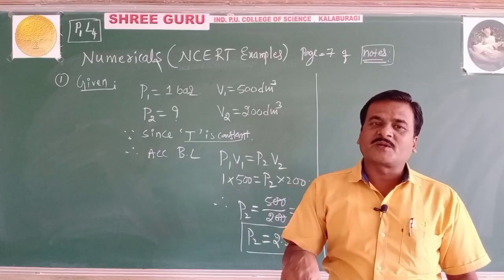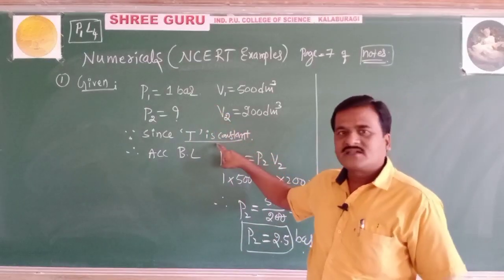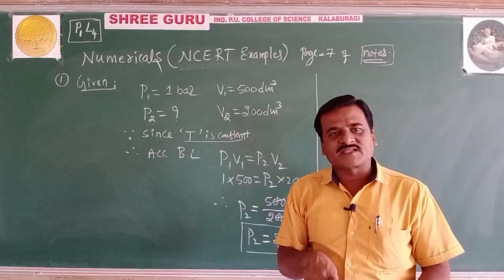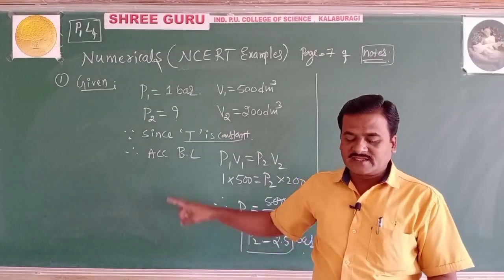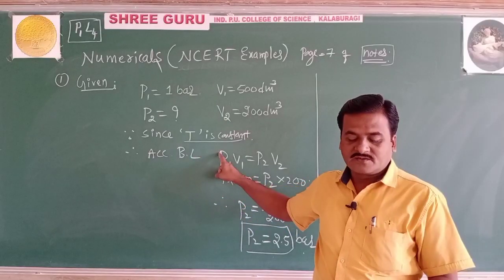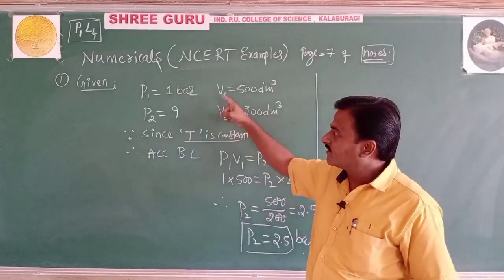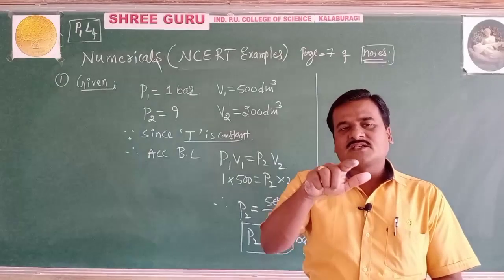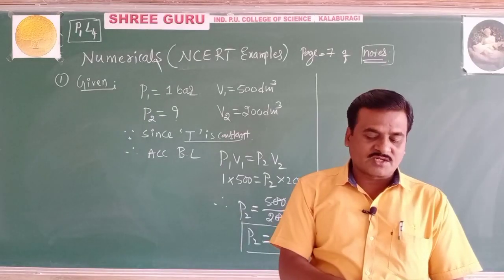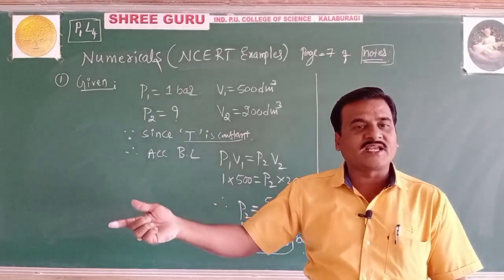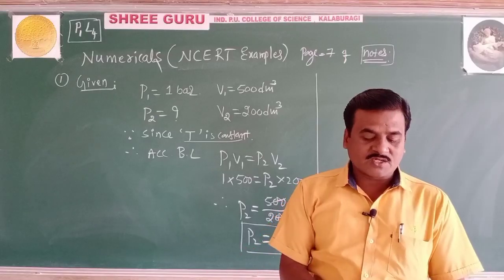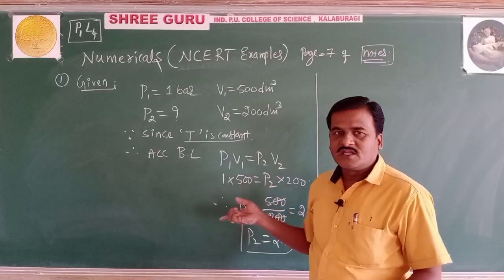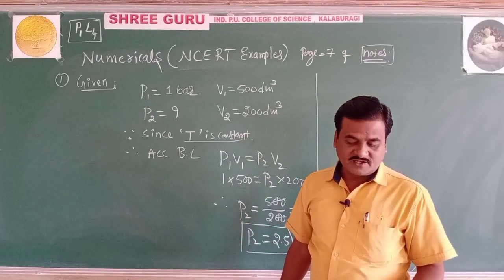Again, this problem is based on Boyle's law, because the temperature is kept constant at 35 and the volume varies from 120 to 180. In the first problem you saw compression, 500 dm cube compressed to 200, but here 120 ml of gas is expanded to 180 ml. Then what would be its pressure? Use the same equation P1 V1 equals P2 V2 and solve it.